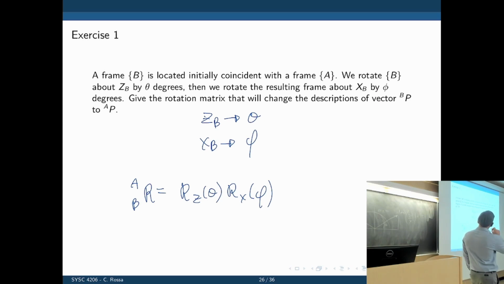No, because this is with respect to a moving reference frame. So we start with Z, and then we add the other ones.